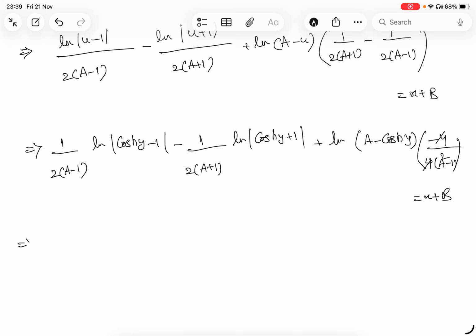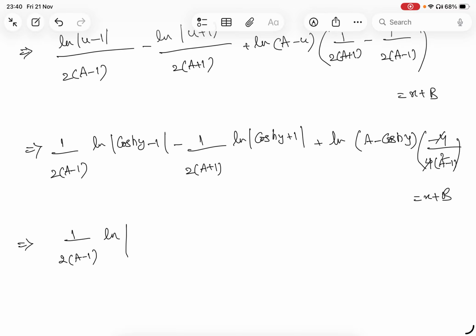Now this simplification will be 1 by 2 into a minus 1 into ln of, you can do one thing here to simplify it further. You can multiply and divide with cos hy plus 1, right?